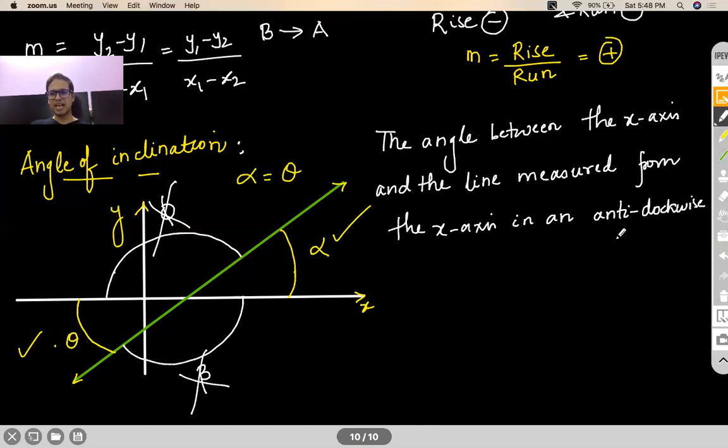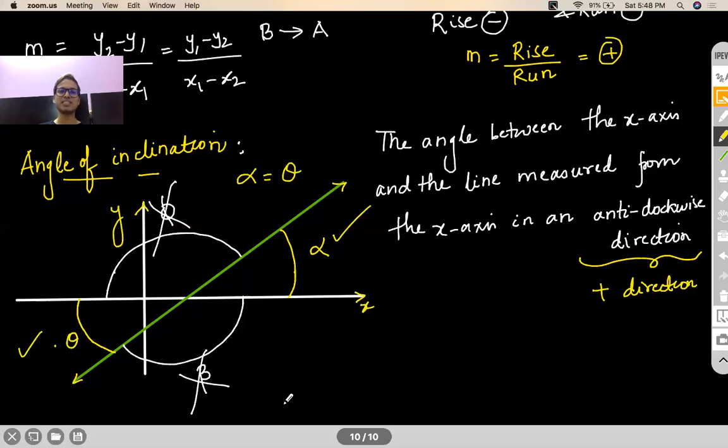This anti-clockwise direction is basically written in the textbook as the positive direction. Remember, in angles the positive direction is anti-clockwise, correct? We have learned this in our trigonometry also. So any angle measured anti-clockwise is positive, correct?